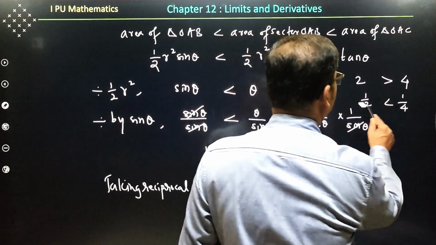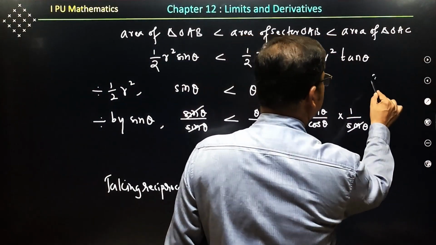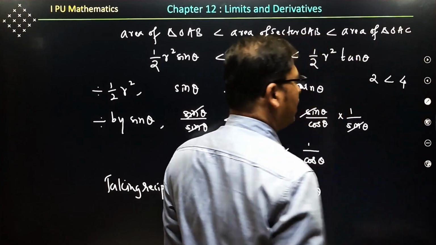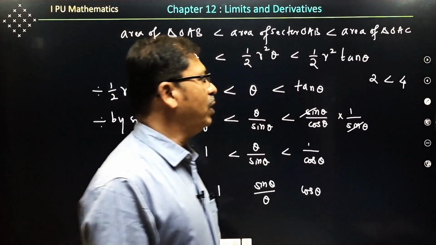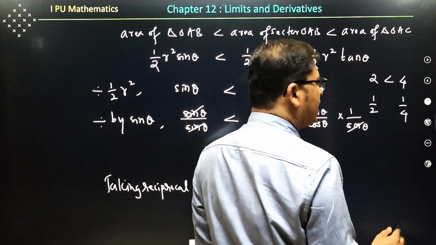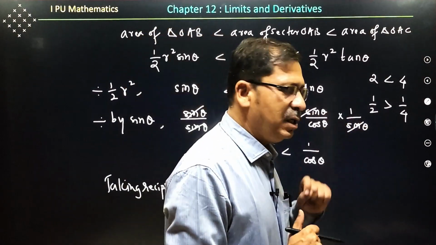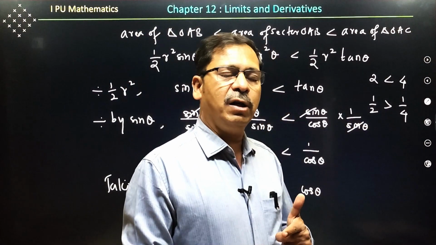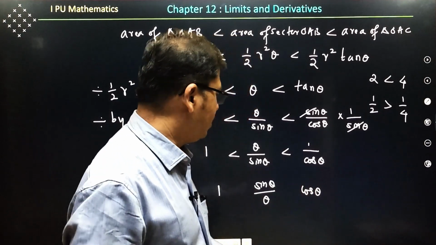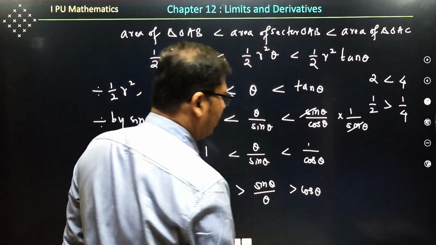If you take the reciprocal, what happens? 1 upon 2 and 1 upon 4. In this case, definitely 1 by 2 is greater. So when you take the reciprocal, the inequality reverses. So less than, you need to reverse it, becomes greater than.